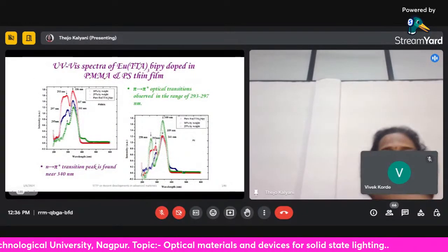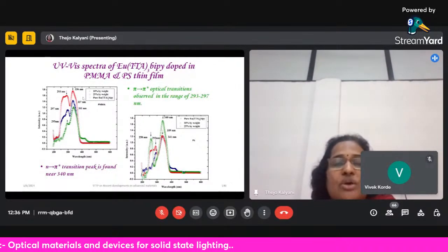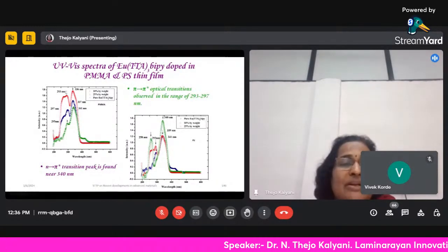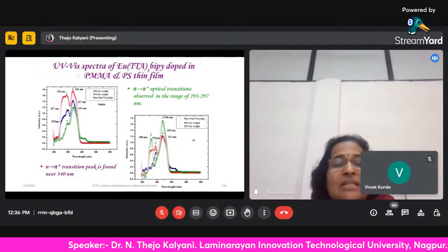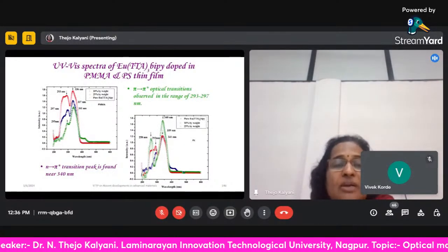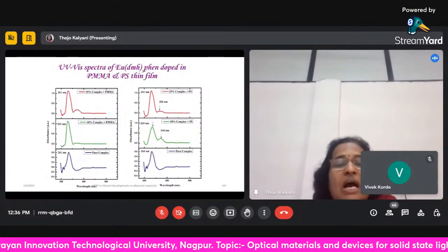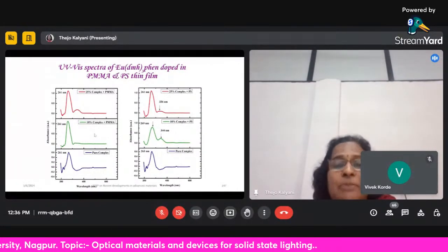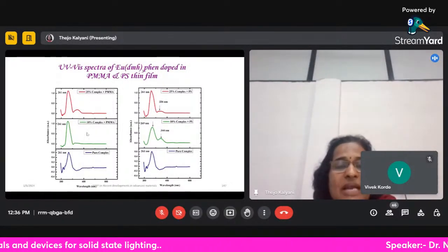Before PL, we are going for the UV visible spectra. Here, because of the pi-star transitions, we can see the peak which is in the 200s, and because of the n-pi transitions of the organic molecules, we can see the other band which is around 300. Now the films are prepared at different concentrations, that is, different weight percentages: 10% complex, 25% complex, and this is the pure complex.